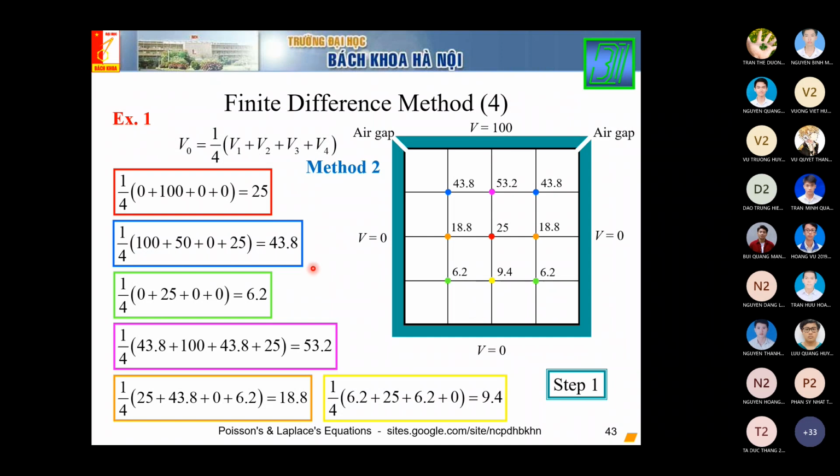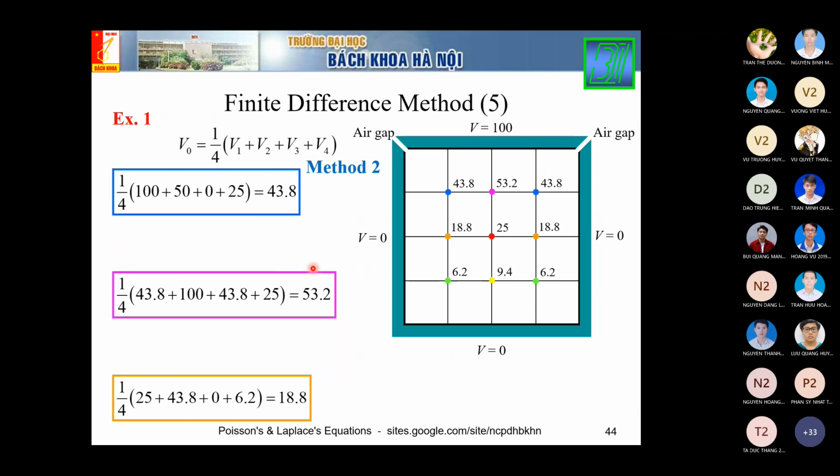So we have to modify these solutions. How can we do that? We have to repeat the process. That's why the name for this method is the iteration. Do you know that word, iteration?